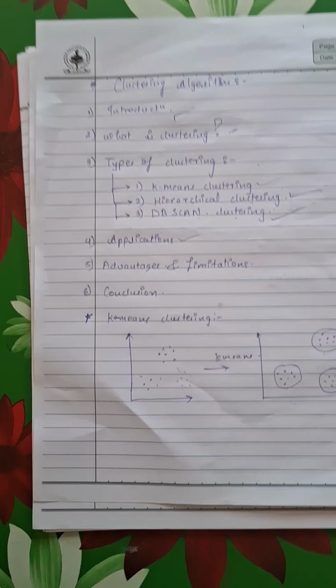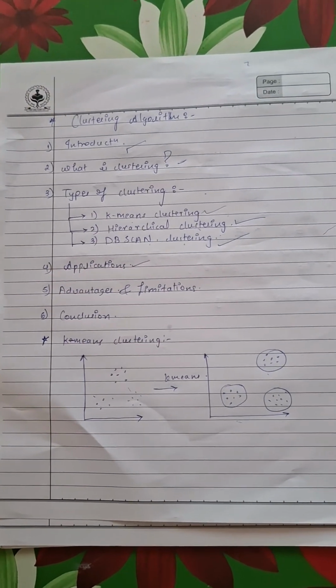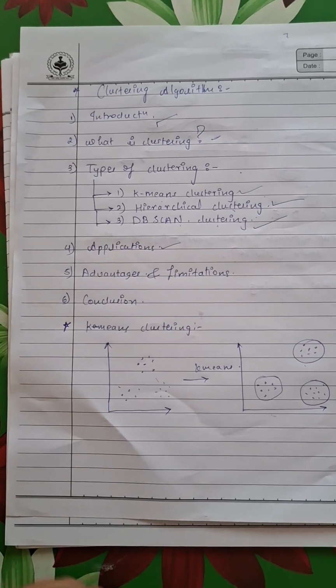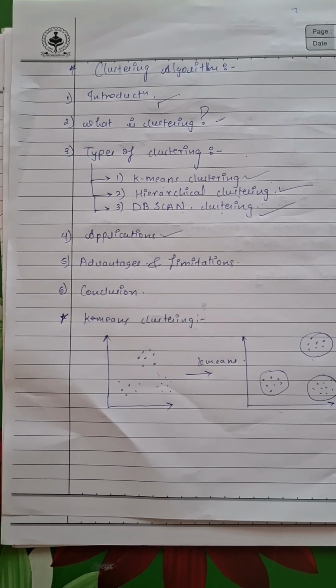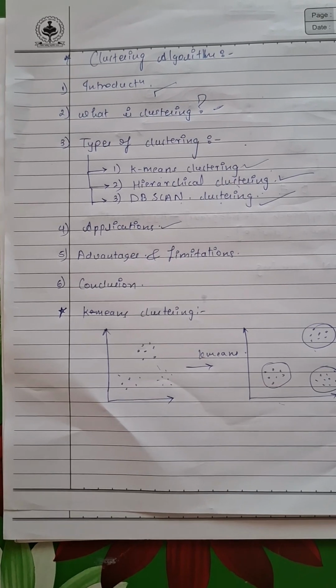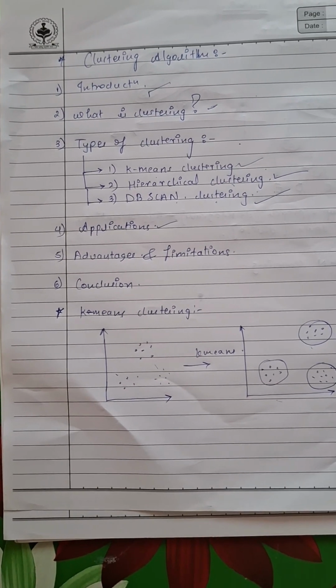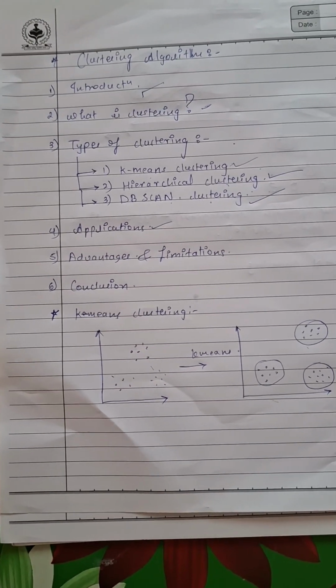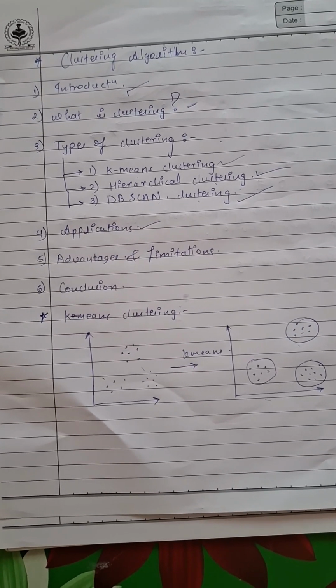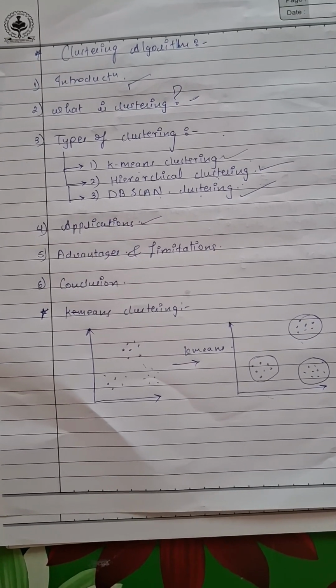Let's see what are the advantages and disadvantages of this. Advantages are there is no need for labeled data, right? It works well with unsupervised data, it also finds hidden patterns, and there is a wide range of applications. So these were some of the advantages.